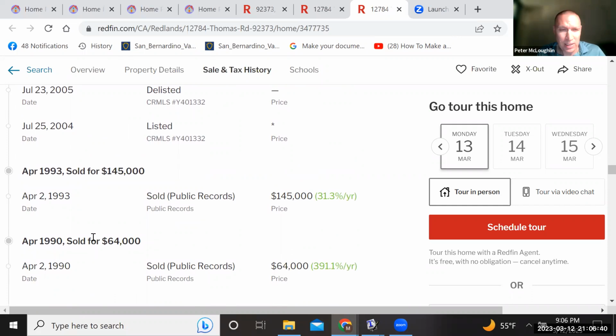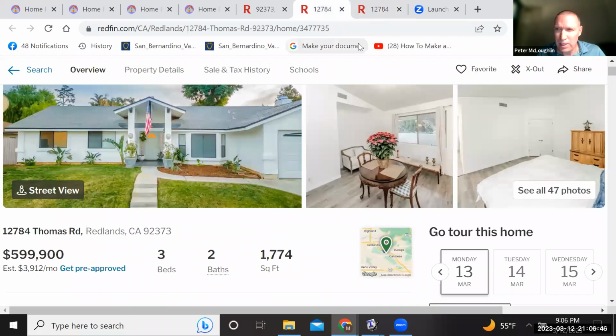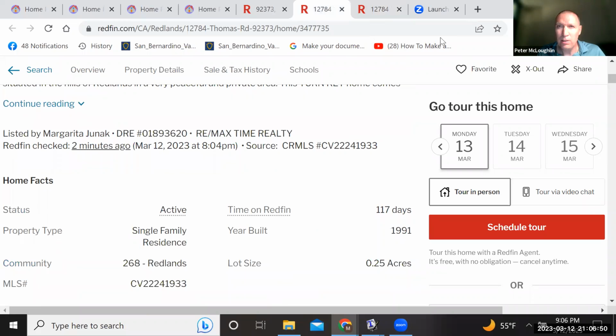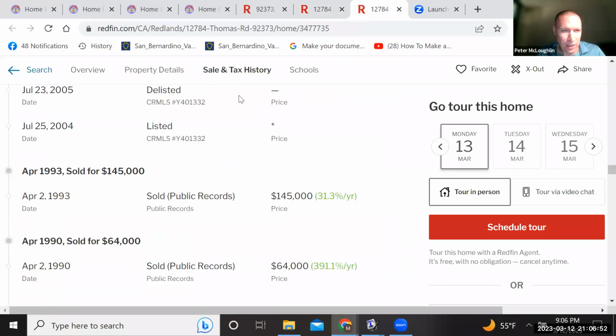It also has a 1990 price, but if you recall, going back up here, the house was built in 91, so anything before 91 would only be land. It wouldn't have been a house. In 93 it was a house. So it was April 93. Let's look at that one for $145,000.